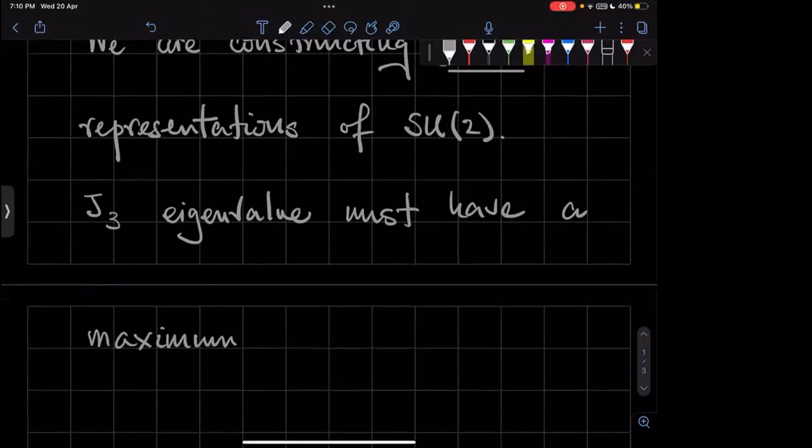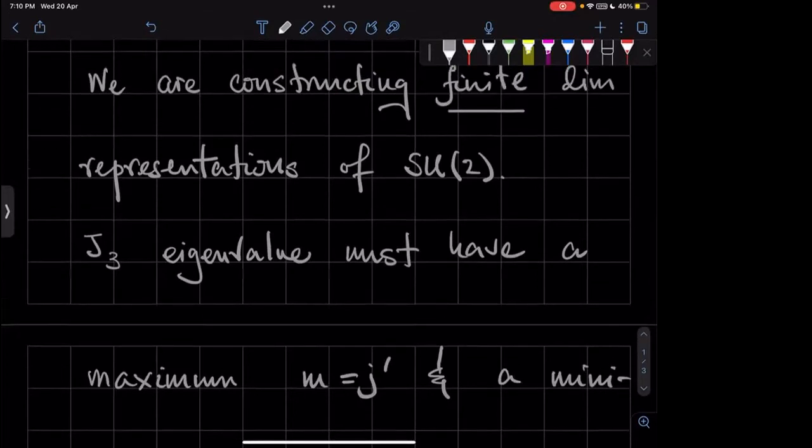And a minimum. Because if not, then we would have an infinite number of basis states, and then we would have an infinite dimensional representation. Is that clear? So this is by assumption.